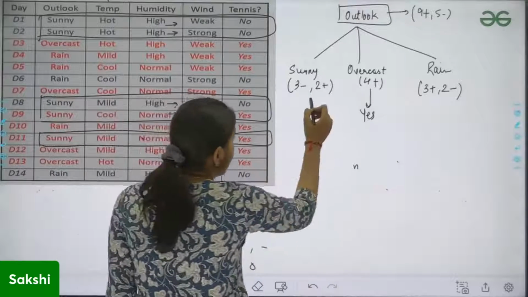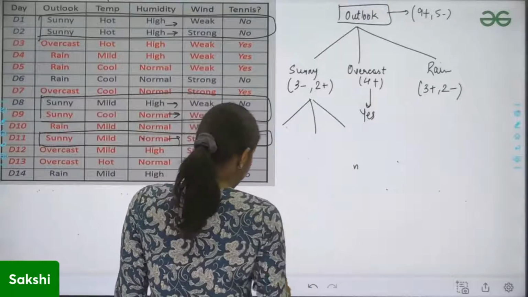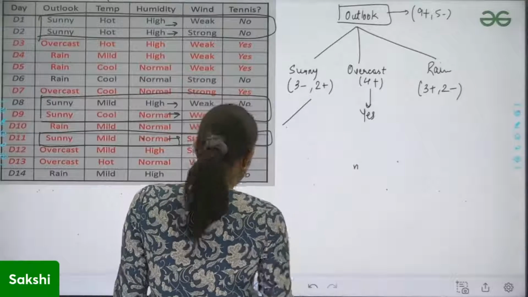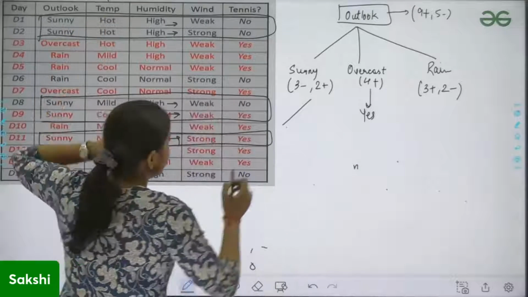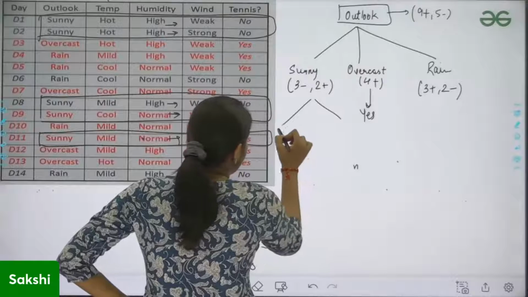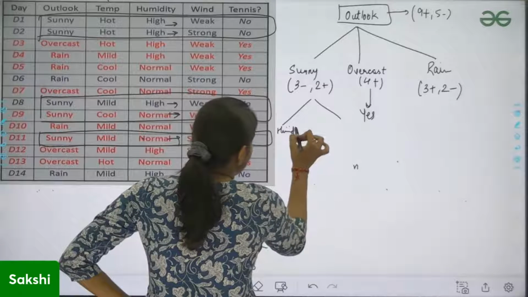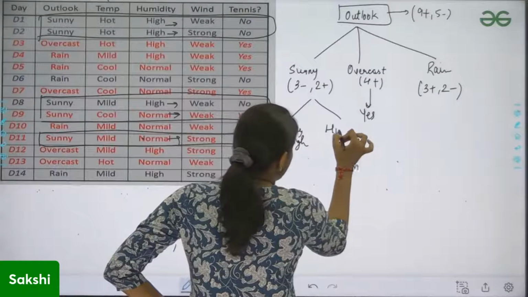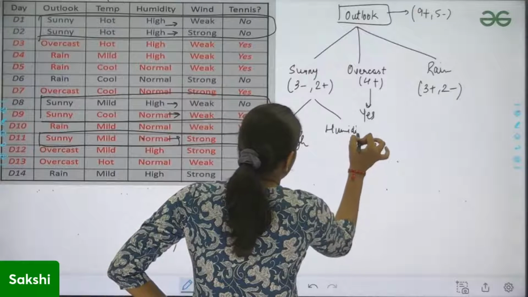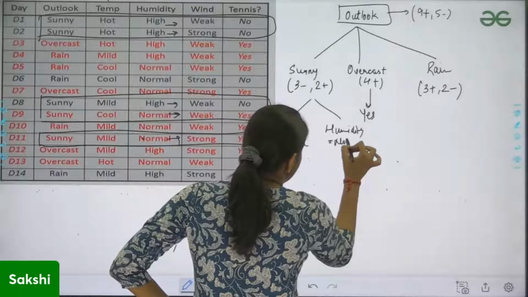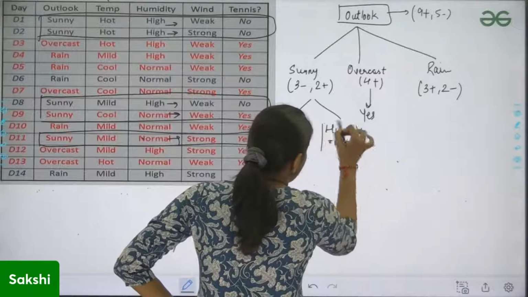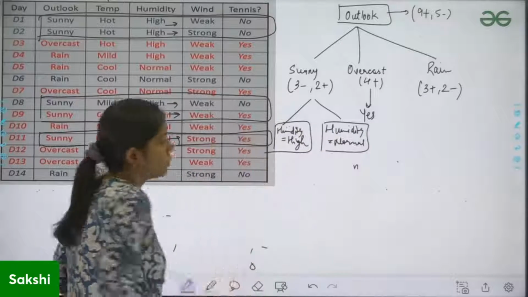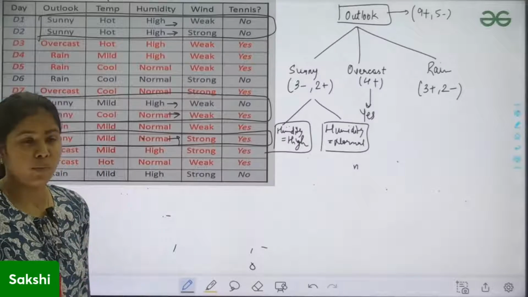So I am going to divide using the humidity feature, and here humidity equals high and humidity equals normal. So we got these two values, which means I have divided using the humidity feature.